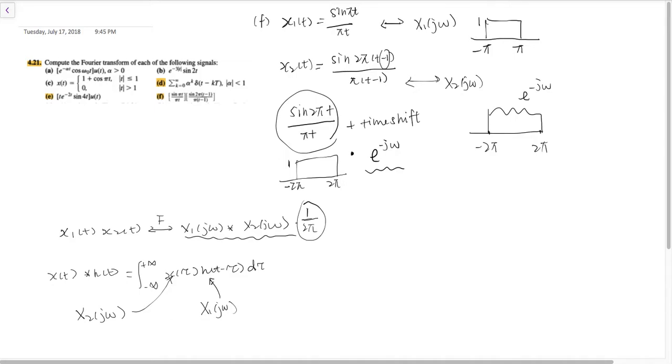So in our case, we need to find the variable like tau for our omega. Let's just call it omega prime. First, we draw X2 j omega prime. It looks something like this, from negative 2 pi to 2 pi with the magnitude of e to the negative j omega prime.